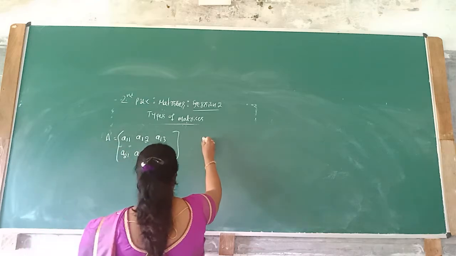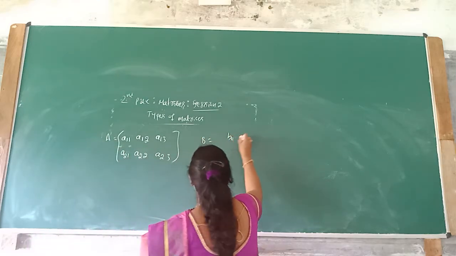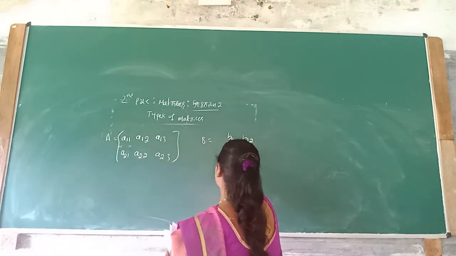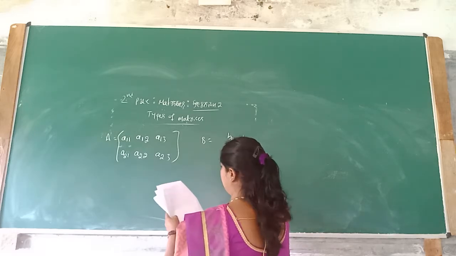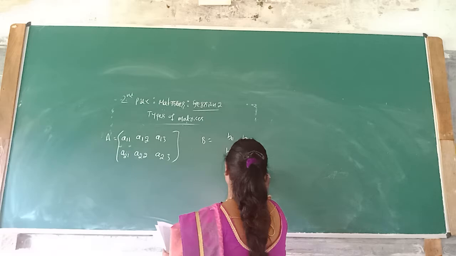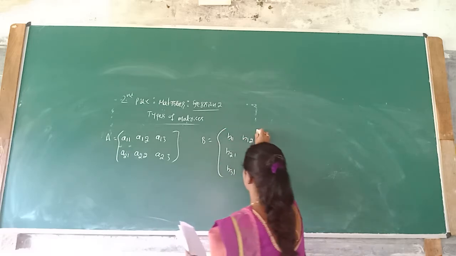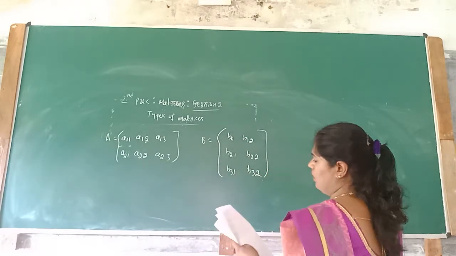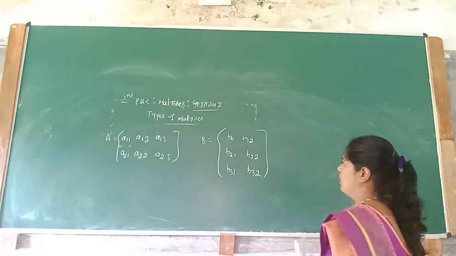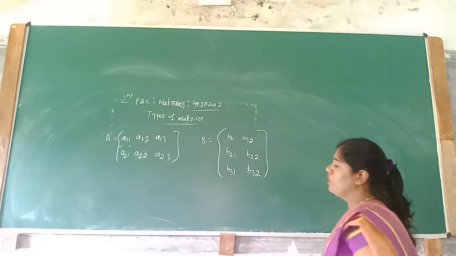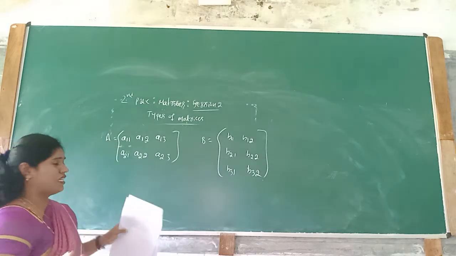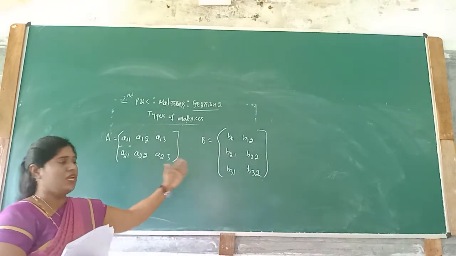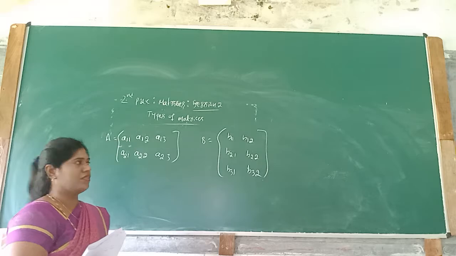B is equal to B11, B12, B21, B22, B31, B32. This is the general example of multiplication of matrices.